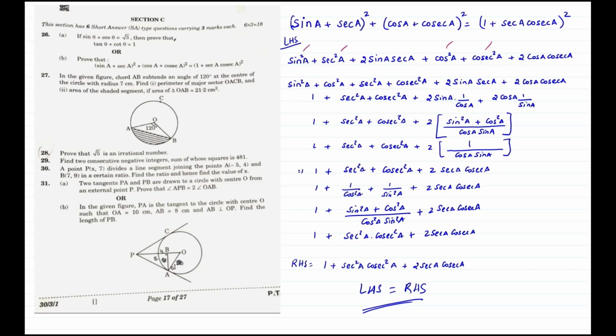Then here what we did is we combined these two, and then we got common LCM, and then we wrote 1 by cos A sin A, and then we got 2 secant A cosecant A. In the meantime we converted RHS and saw what we are getting. So at this particular step we saw we got this, we only need this. So that also is very simple. So once you do 1 by cos square A plus 1 by sin square A, then by taking LCM you are going to achieve it.